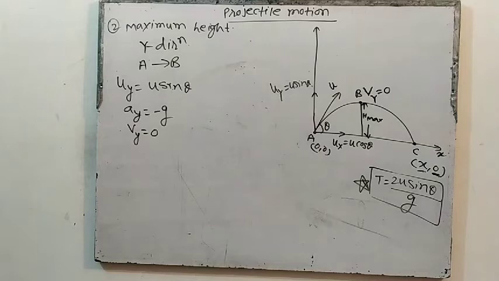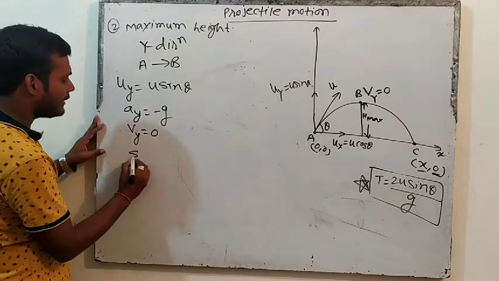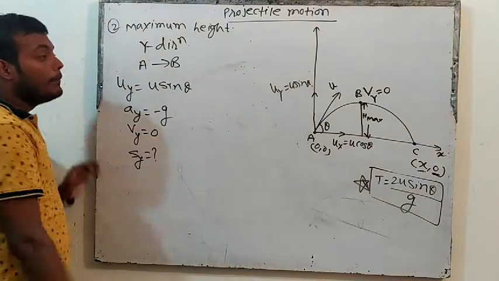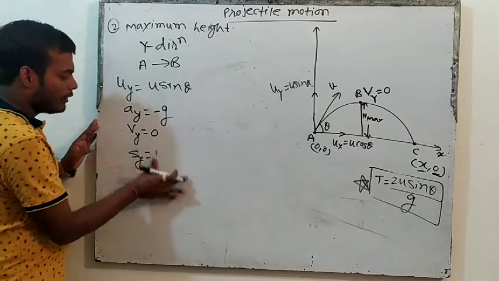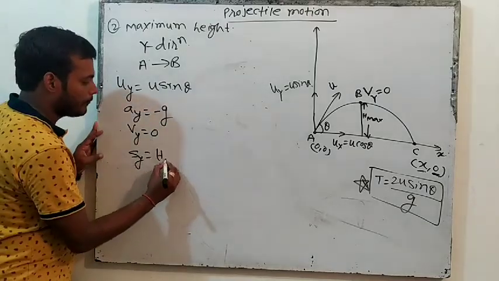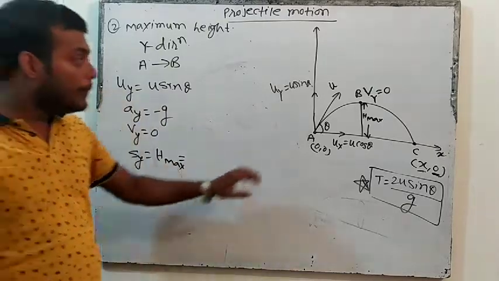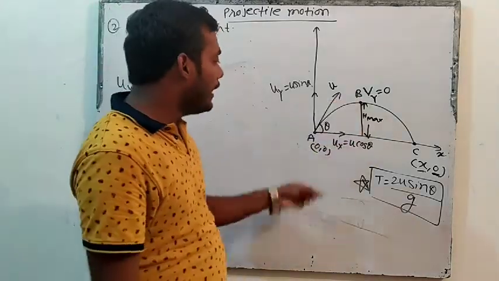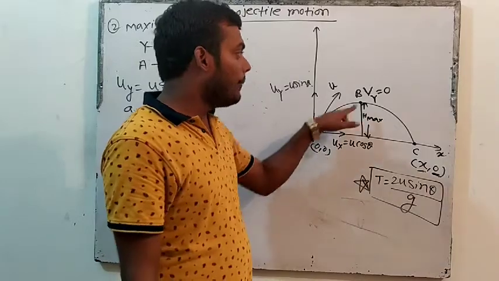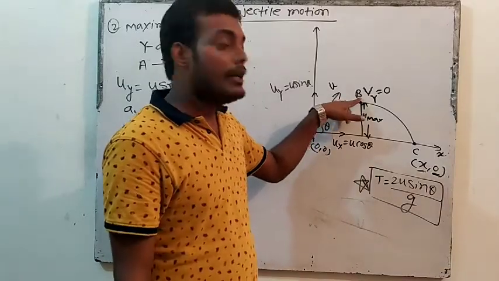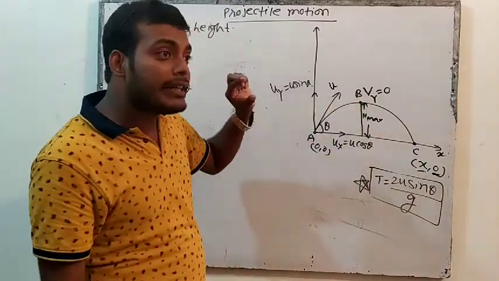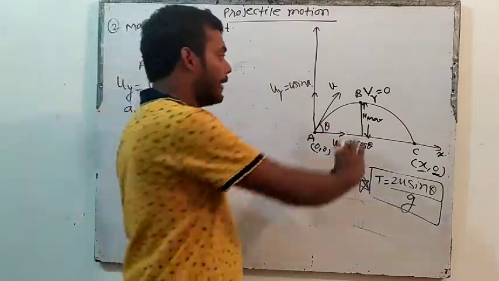What do we have to find? We have to find the displacement in y. Why? Because this displacement is equal to the maximum height. Initially, y was at 0. Finally it is going up to this. So what is the shortest distance between the initial point and the final point? This one.